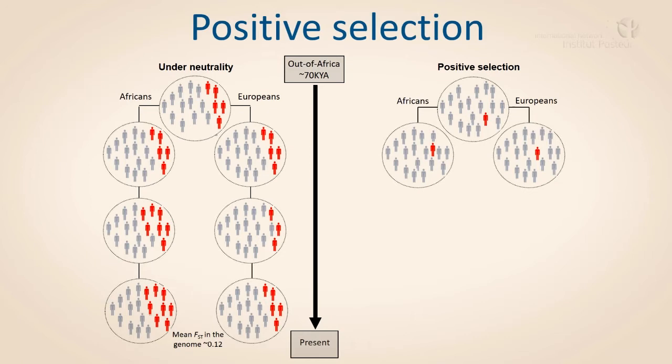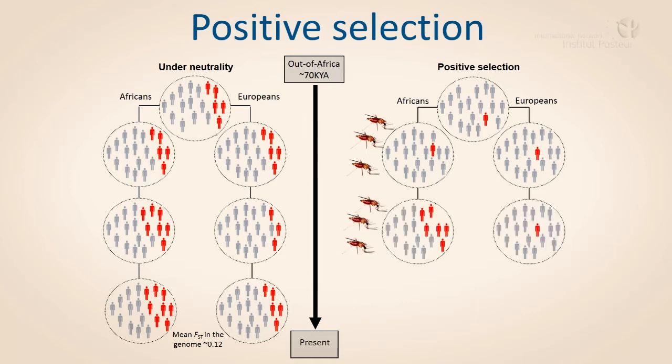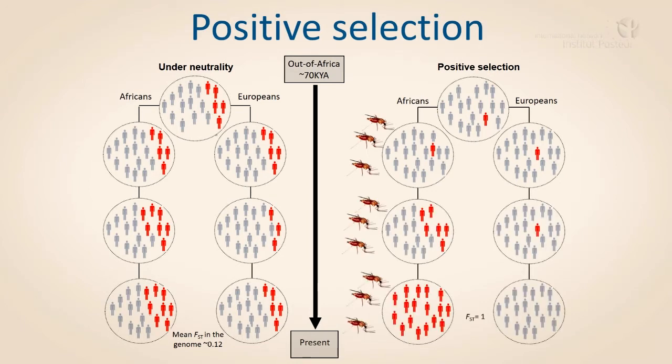But here there's a difference, and it's the environment. Let's imagine that there is malaria in Africa and not in Europe. You can put it the other way around if you want. And let's arrive until today. The mutation in Africa will increase in frequency to provide resistance to malaria, whereas in Europe it will remain at low frequencies or even disappear.